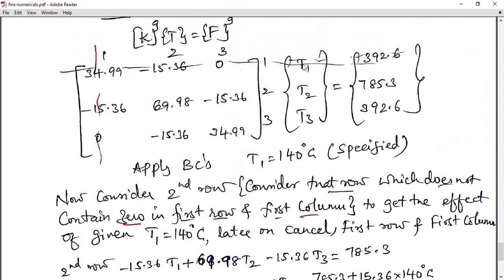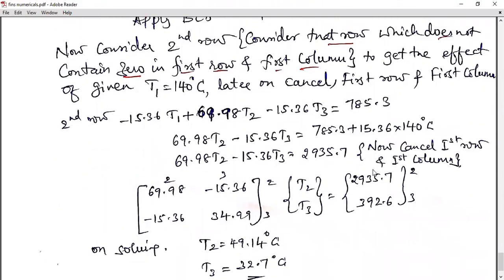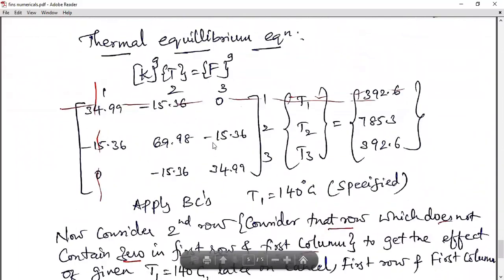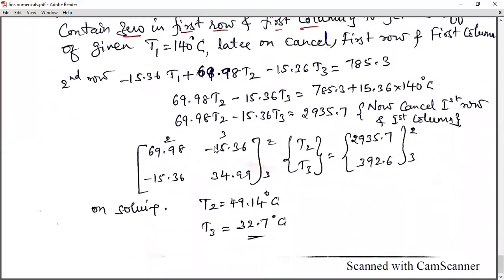So at 785, you get the contribution of T1 as thermal load, it will be quite increased. So you take the resultant matrix, cancelling first row, first column, and then solve for it, you'll get T2 and T3 as the unknowns that you have found using this FE technique for the fins. You cross check these values, right? Well, thank you very much.